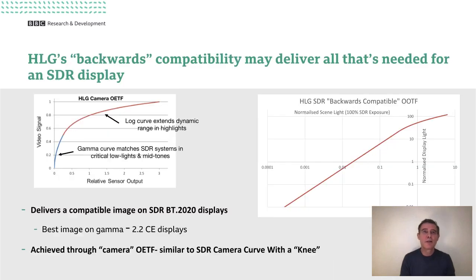So if we now look at the backwards compatible nature of the HLG signal, you will recall from the first talk that the camera OETF for HLG is a standard gamma curve on the lower range, and then it's got a log curve spliced onto that to extend the signal range to cover more highlights, to extend the dynamic range for the highlights.